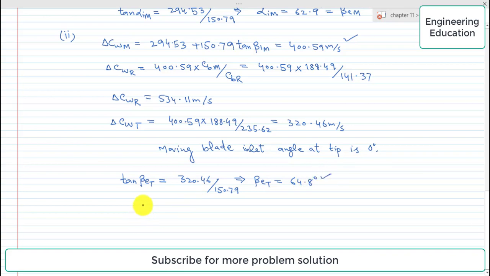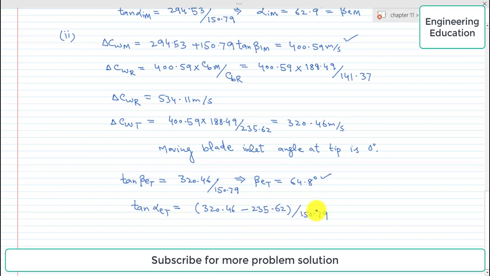Similarly, we can also write from that velocity triangle tangent alpha ET is equal to (320.46 minus 235.62) divided by 150.79.